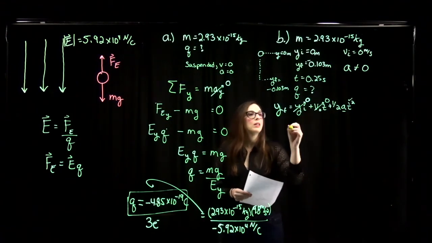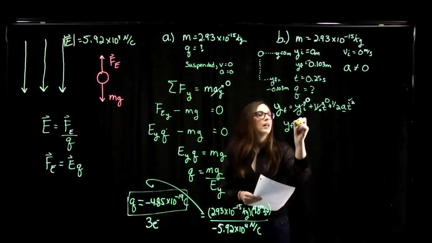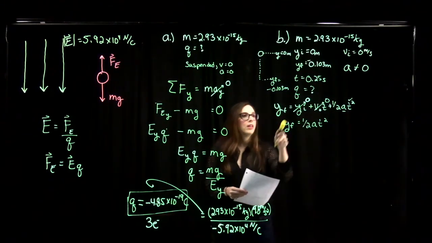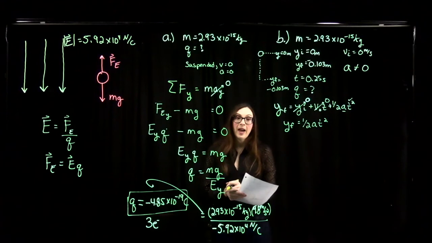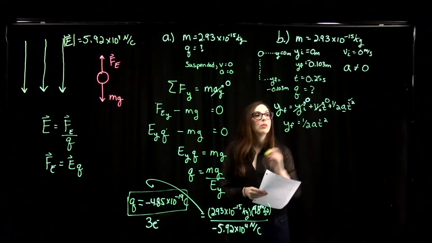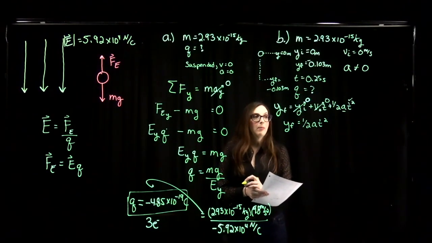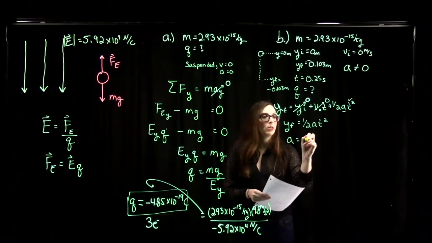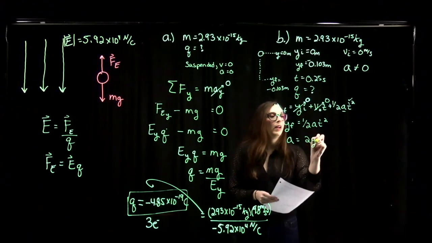So if we solve this equation here, y final is equal to 1/2 a t squared. Solve this for a. Okay, we can multiply both sides by 2, divide both sides by t squared. So our acceleration is equal to 2 y final all over t squared.